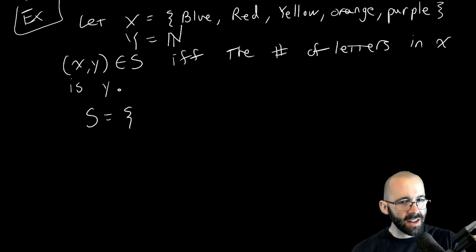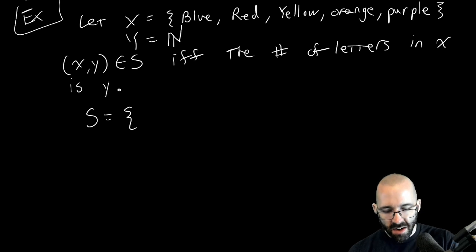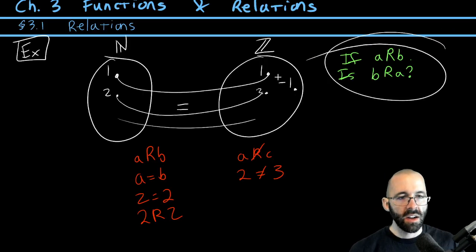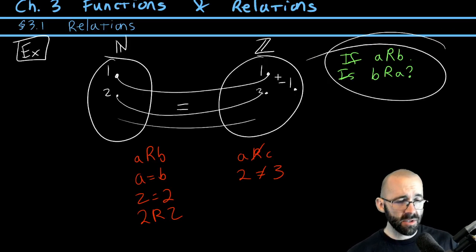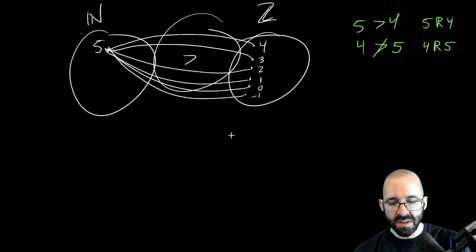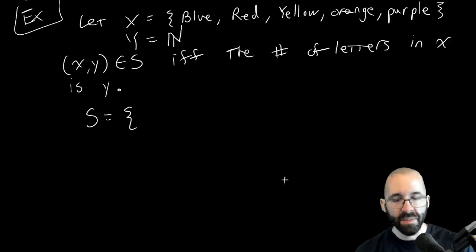And an interesting comment here. Earlier, I asked you the question, if a is related to b, is b related to a? And I said it's not always the case. And we saw that it was true for the equal sign. It was not true for the greater than sign.